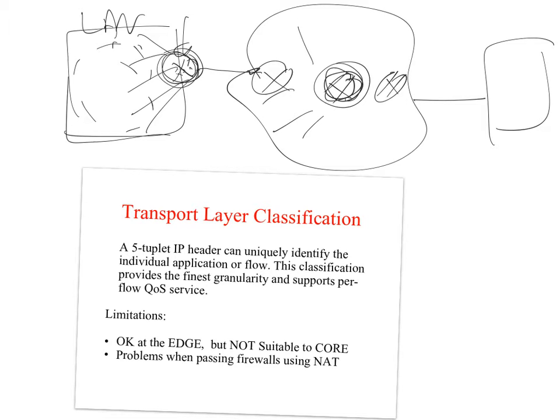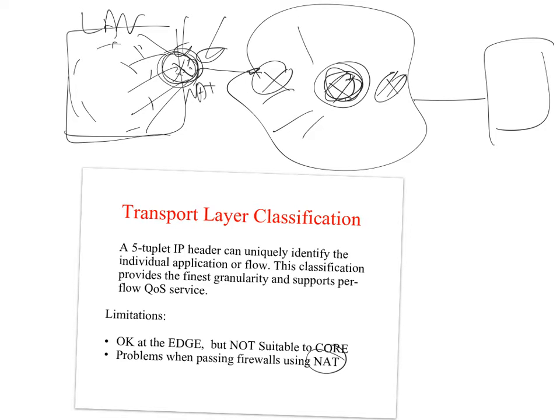The second limitation is, as we said, that network address translation provides another limitation. If this router runs NAT, then the five fields that we use to identify the end-to-end connection will have to be altered, will have to be modified, right? Because NAT changes the source port and the source address to use the public IP to be able to talk to the internet.